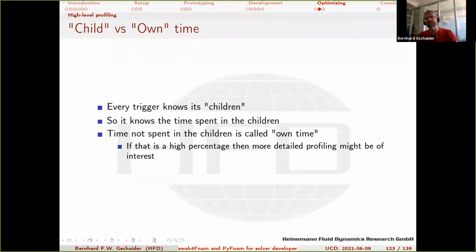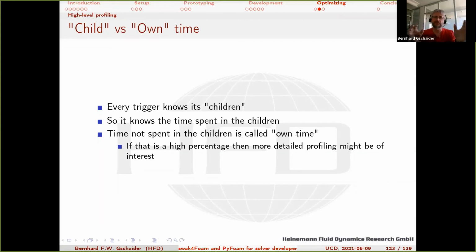As I said, it creates a hierarchy of triggers. If a trigger has children, then it has a total time, but it divides the total time into the child time and its own time. That's the time where no other trigger is running.